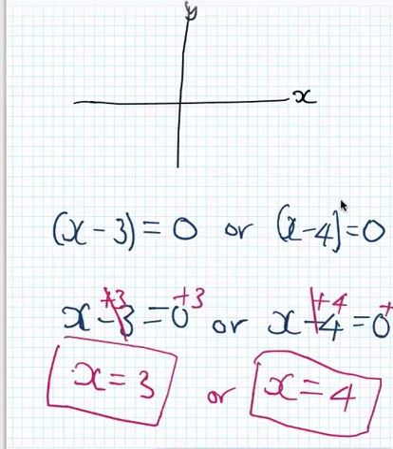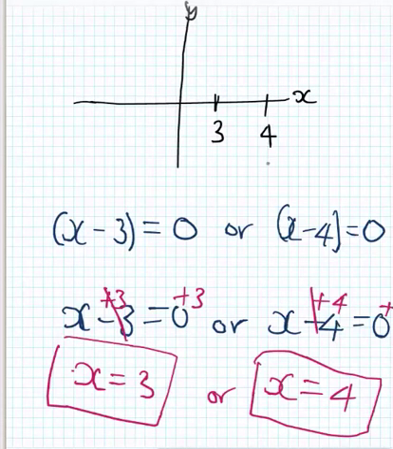And that is, some parabolas can have two x-intercepts, and we can see clearly this quadratic equation that we factorized and we found the solutions for clearly has two different x-intercepts. One where x is positive 3, so imagine I just put positive 3 here, and one where x is positive 4, and I'll just put it there.